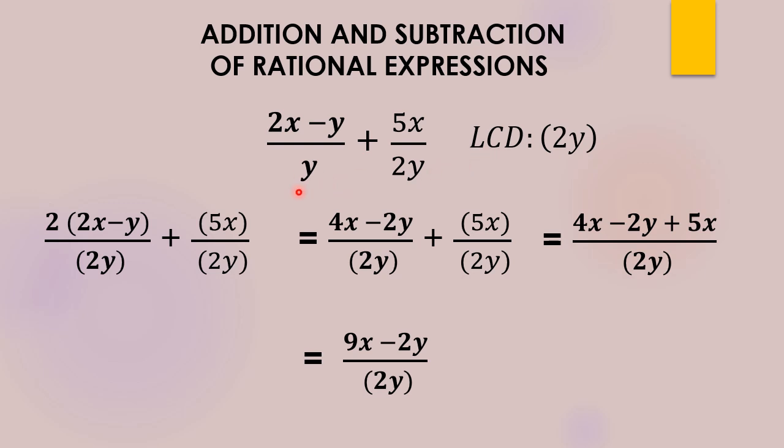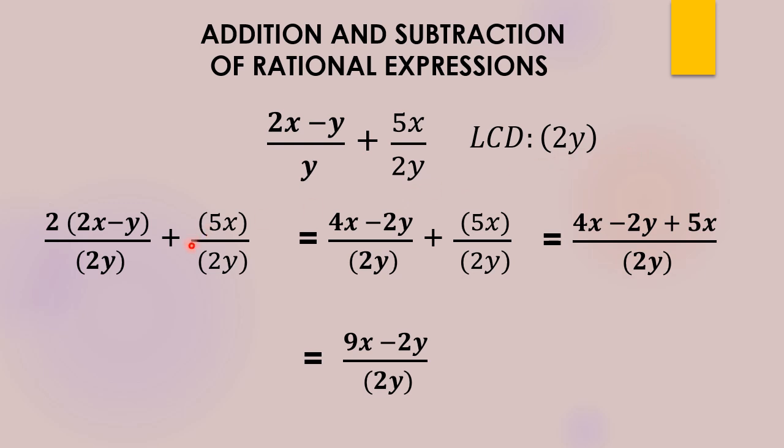We can also find the LCD if the denominators are divisible by each other. Since 2y is divisible by y and 2y, this is now our LCD, 2y.